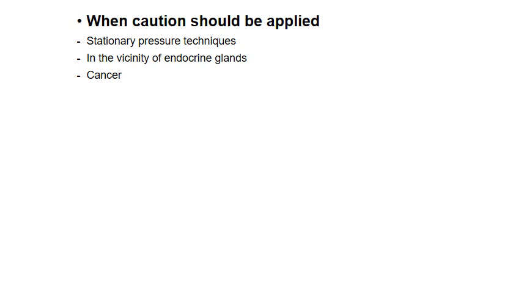This is where you are using stationary pressure techniques. Take care when you keep your pressure on one area. In your future training, you'll learn more about trigger point massage. It is fine to keep pressure on a trigger point when it gives you that familiar referral pattern.